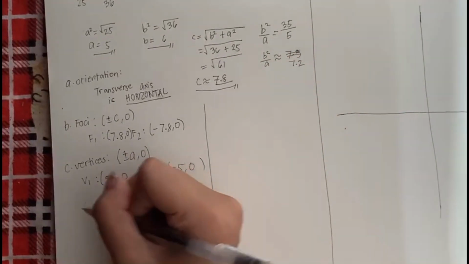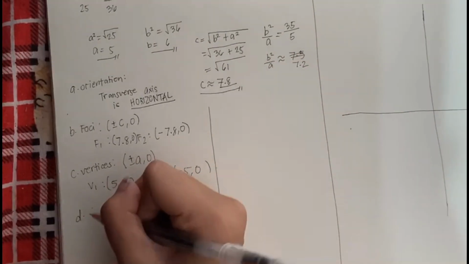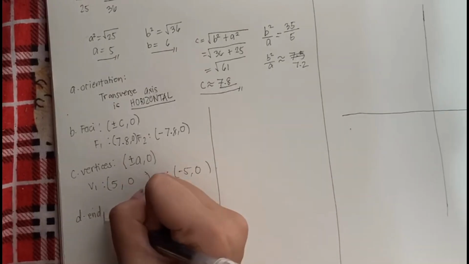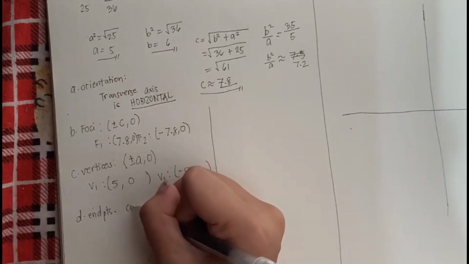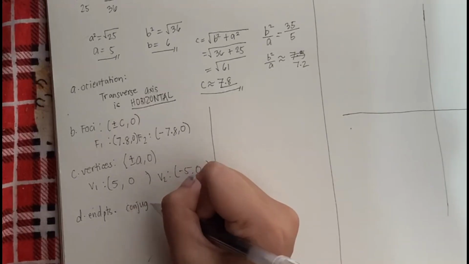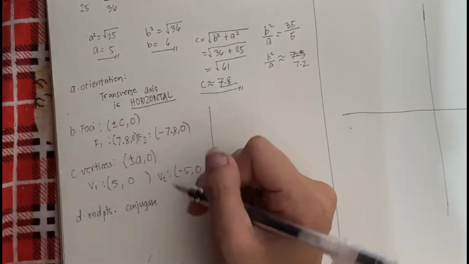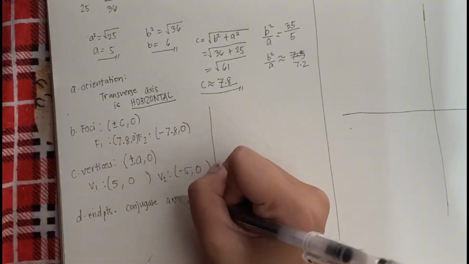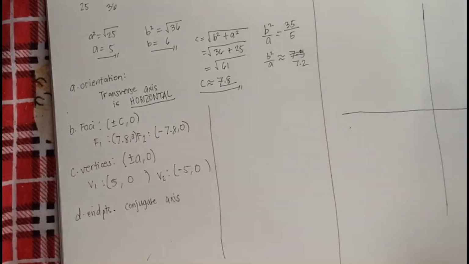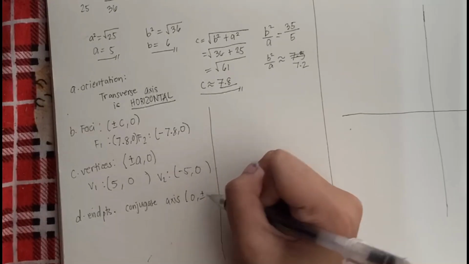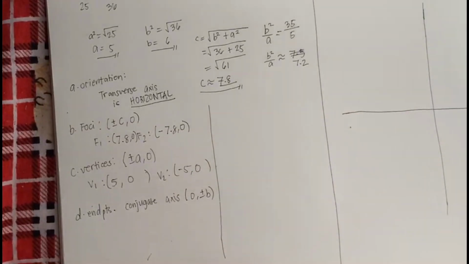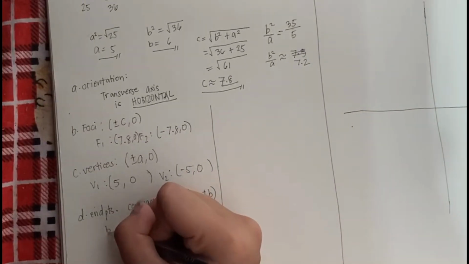So, okay, after the foci and the vertices, we now proceed to the endpoints of the conjugate axis. The conjugate axis is perpendicular to the transverse axis, which is the horizontal. So the formula is 0 and positive, negative b.